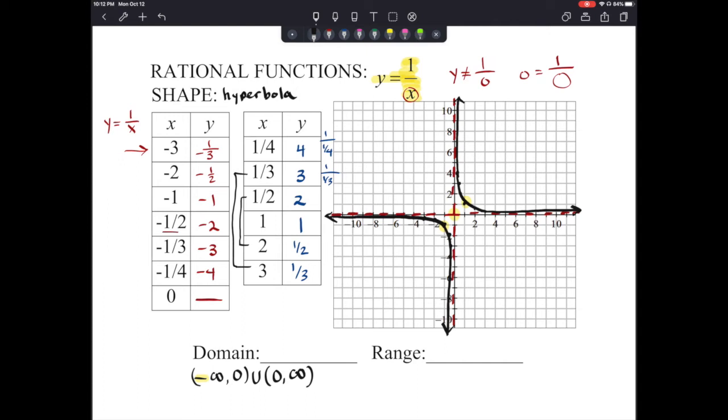I guess you could also write that as x does not equal 0. And then our range is going to end up being kind of the same thing, right? So we're going to say -infinity to 0, and then we'll throw the union in there, and then from 0 to +infinity.